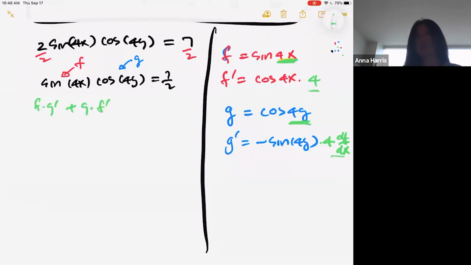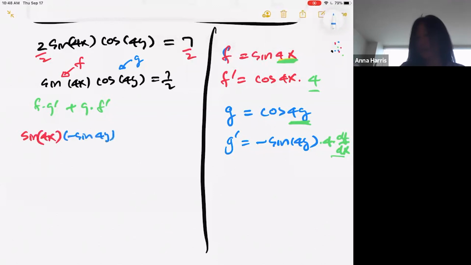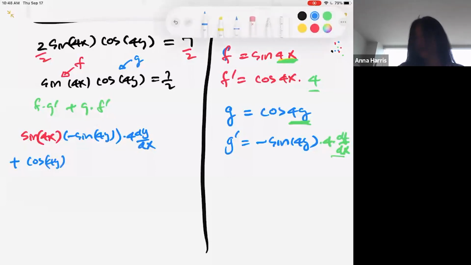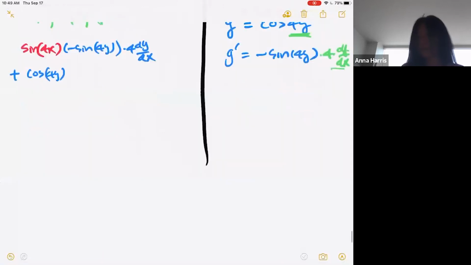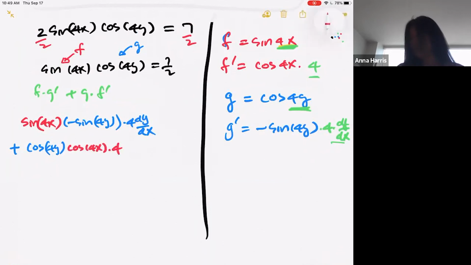So I'm going to plug it in. f, which is sine 4x, times g prime, which is negative sine 4y times 4 dy dx, plus g, which is cosine 4y, times f prime, which is cosine 4x times 4, and then equal to just 0, because the derivative of 7/2, a number, is always 0.